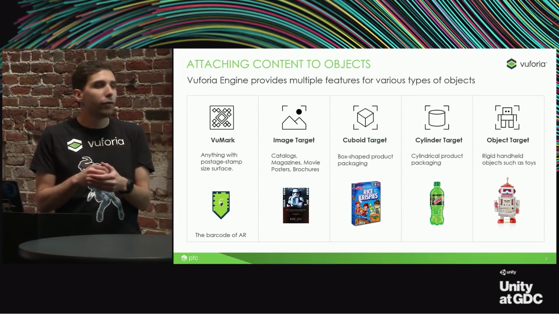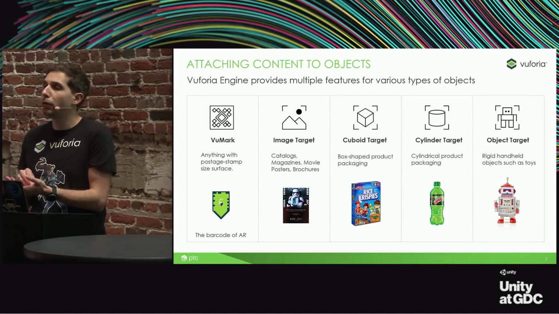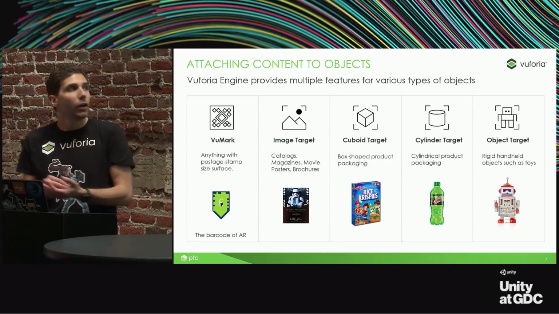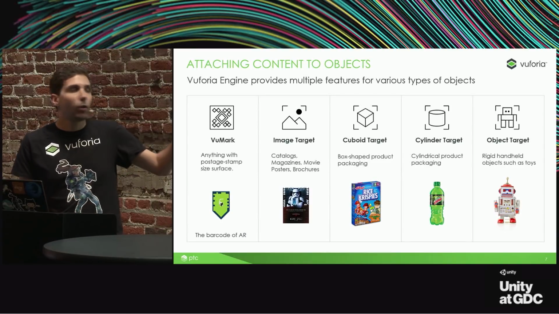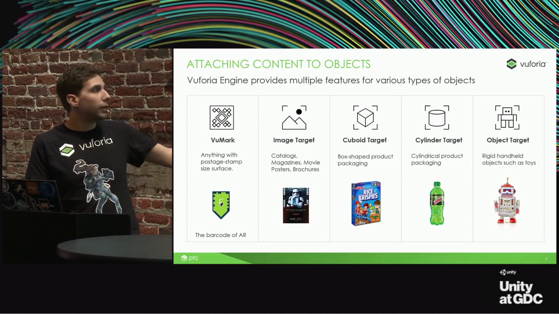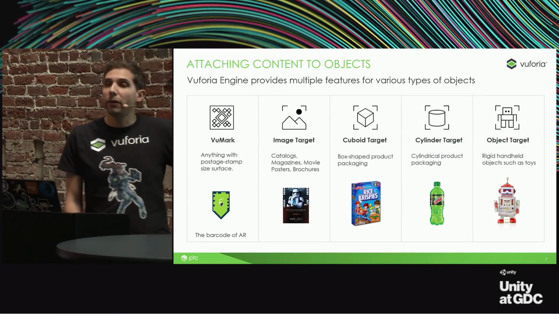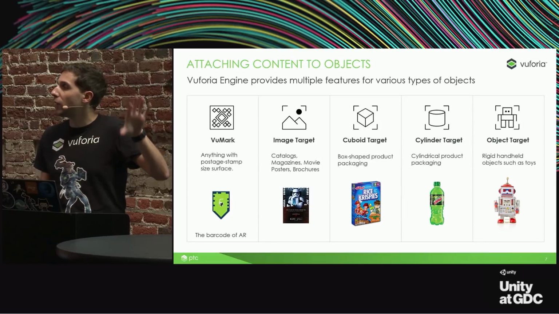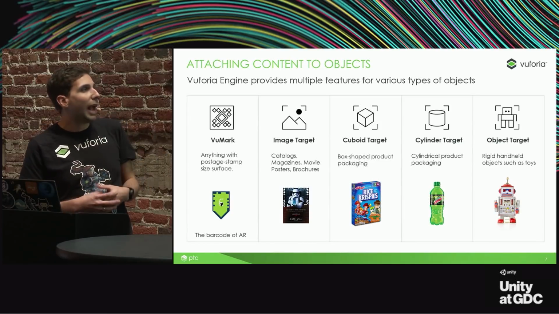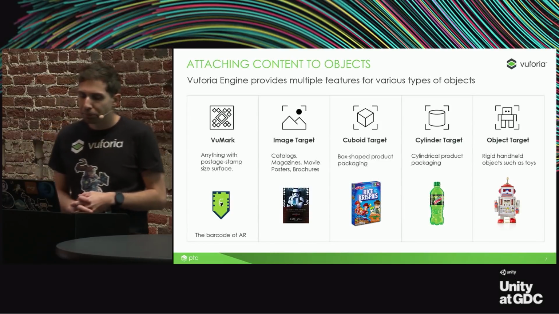So if you have a lot of machinery, or equipment, or if you have toys and want to do unlockables, you probably want to use something like a VuMark where not only can you recognize it and understand it, but you can store data in it. The way that we like to think about it is that it's like a QR code, but looks a lot better because your designers can actually configure the VuMark.